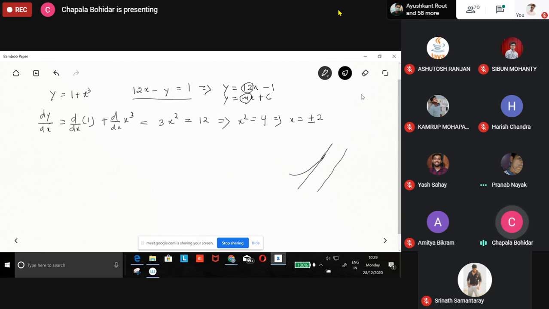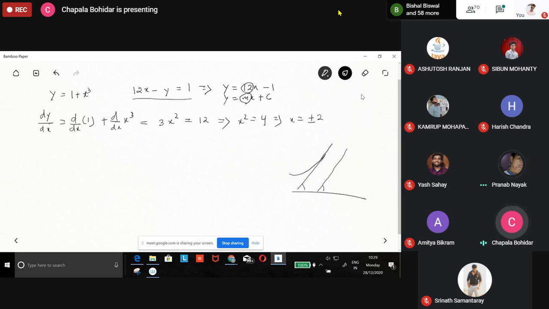So the slope of this tangent and the slope of this line are both equal or not? Tell me. Both are equal. Now you are clear?